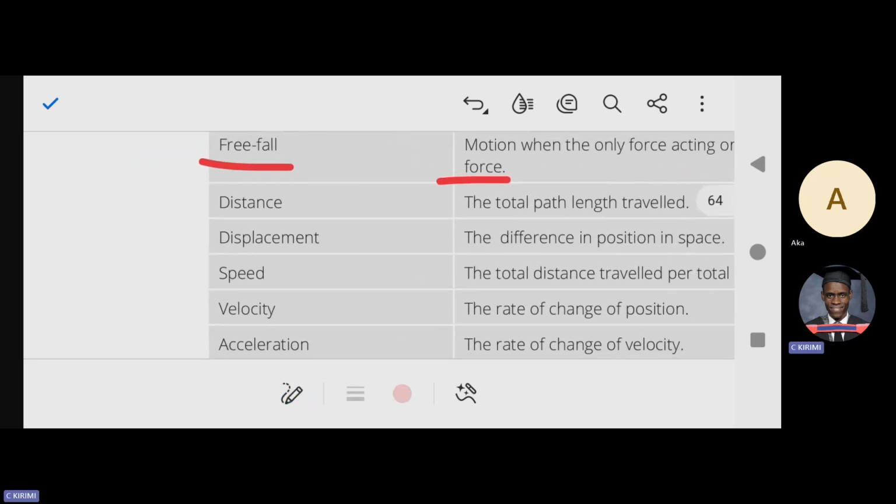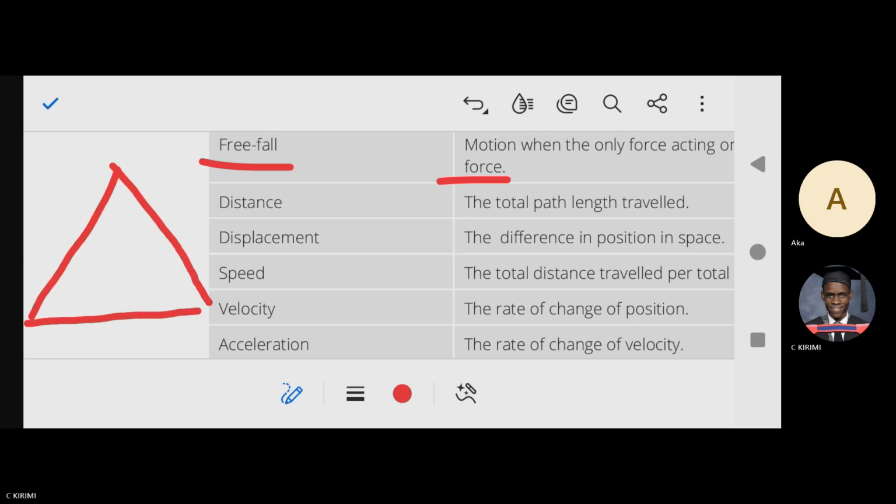You use this formula, if you still remember that triangle. Distance is equal to what? Speed times what? If I want speed, it's distance over time taken.